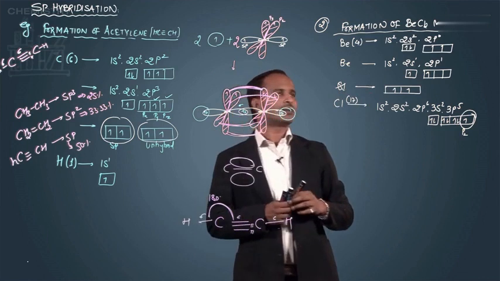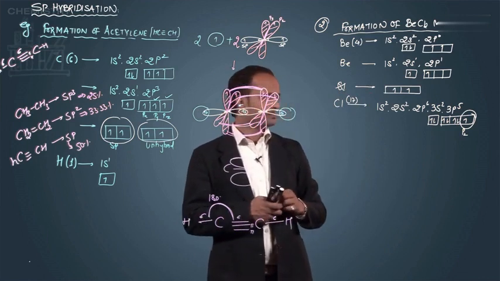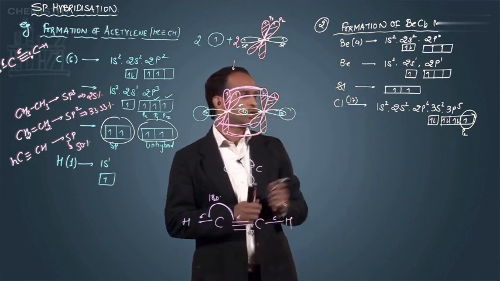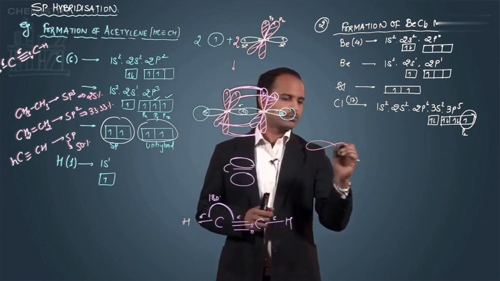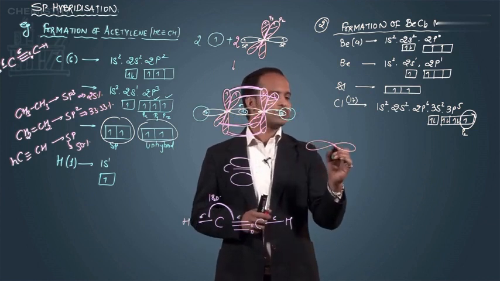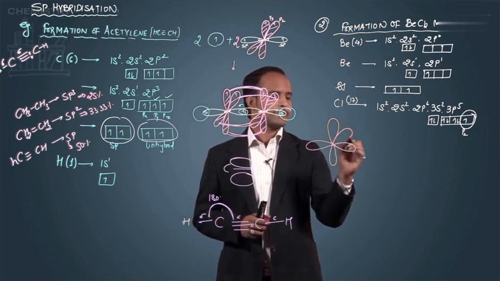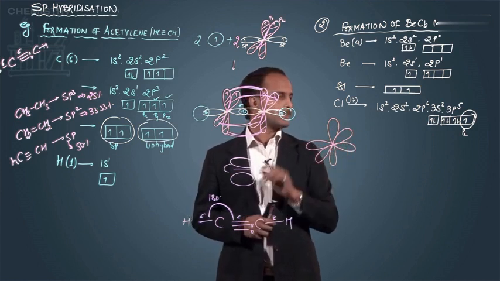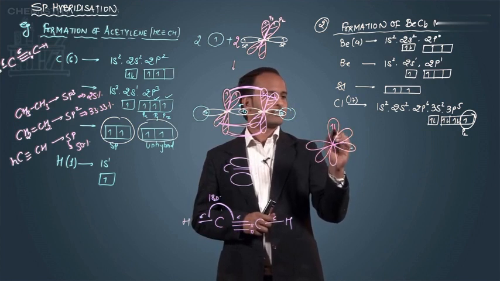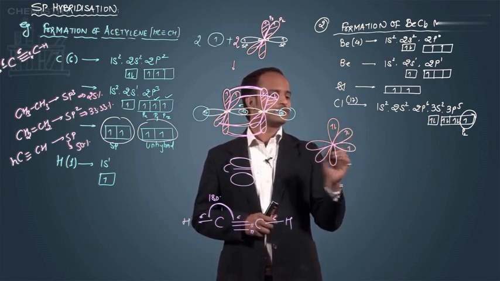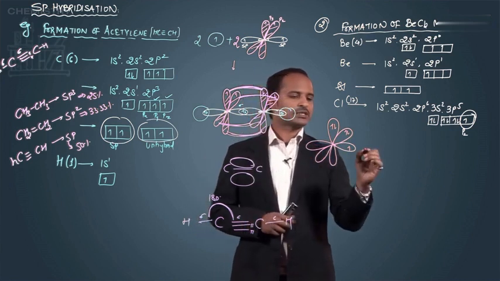So chlorine and beryllium overlap with each other. From chlorine, the pz orbital will come. Two are completely filled, one is half filled. This is about chlorine.